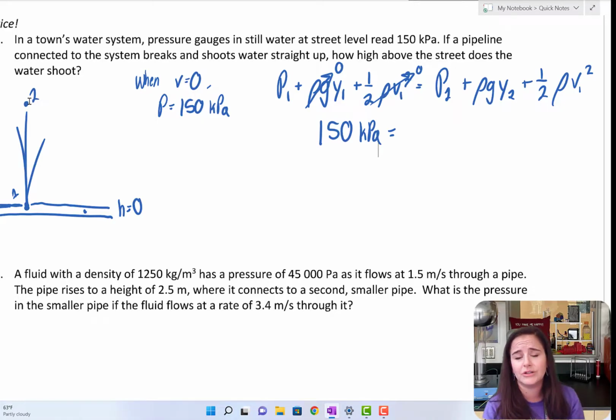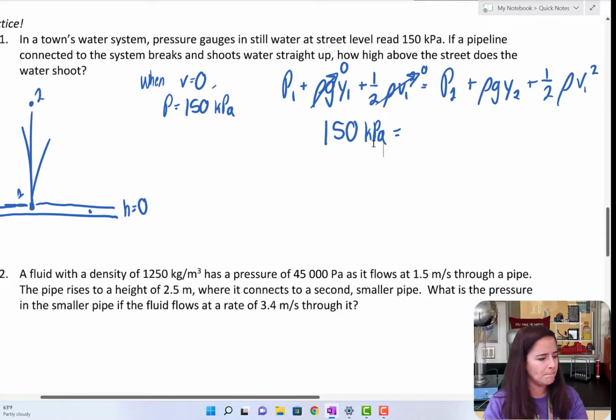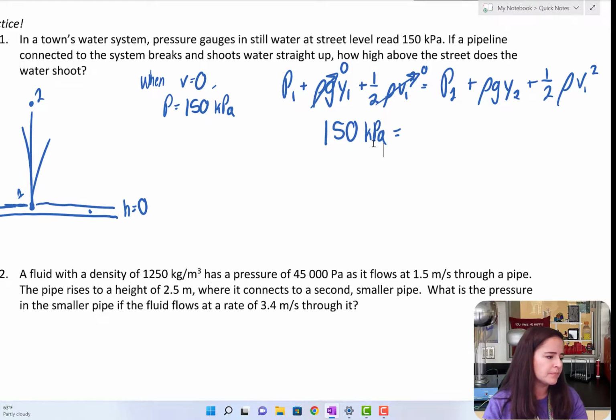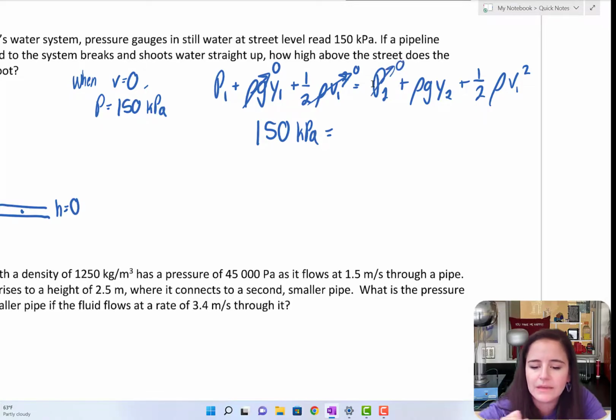It's a gauge pressure of 0 because it is no longer in the pipe. If we had a pressure gauge just in the atmosphere, it would read 0, not the 100 kPa. So P2 will be 0 because it's open to the atmosphere.